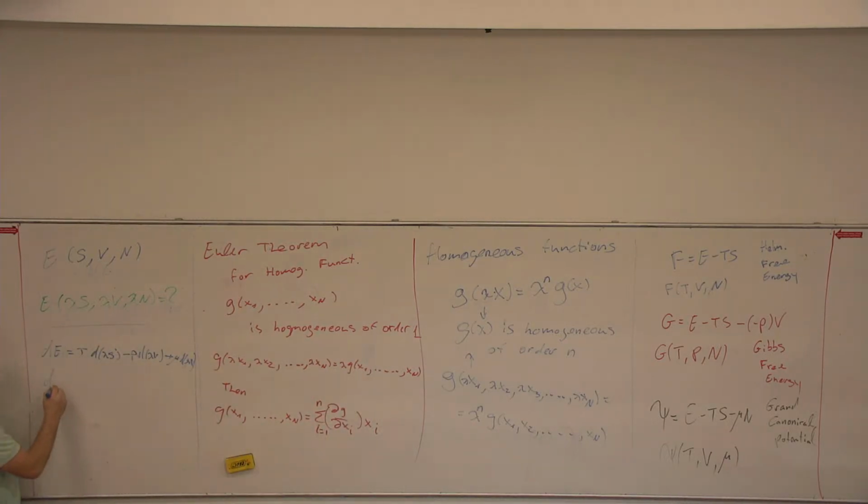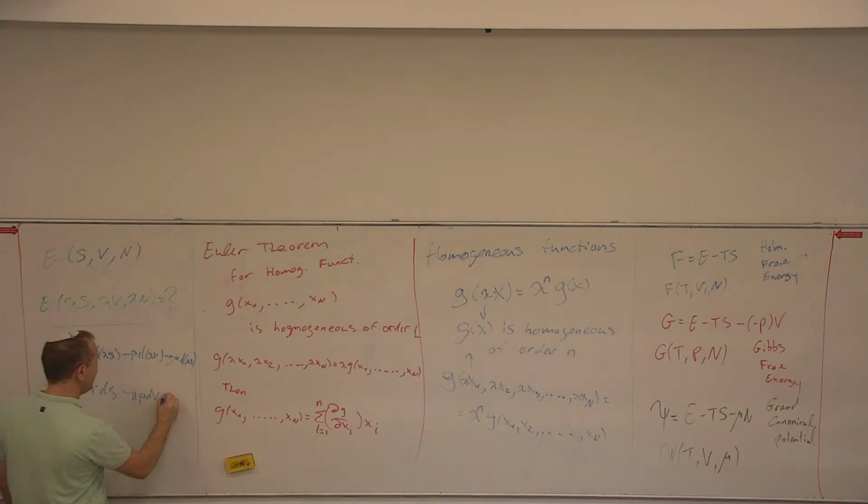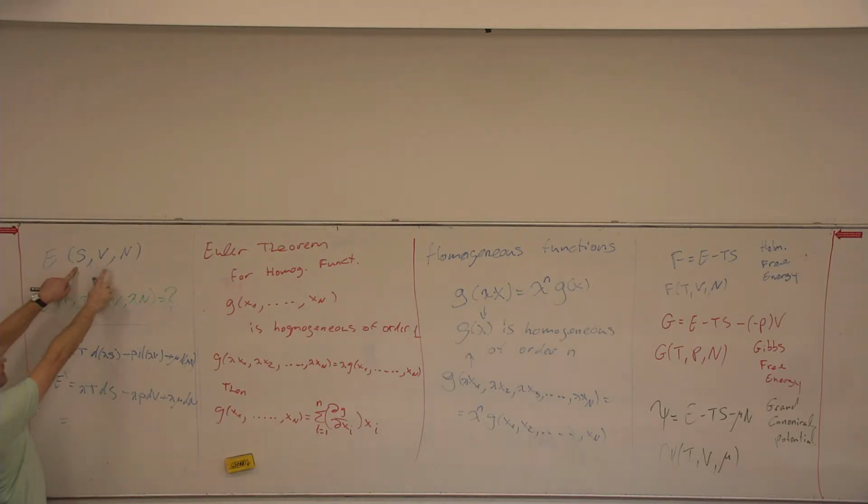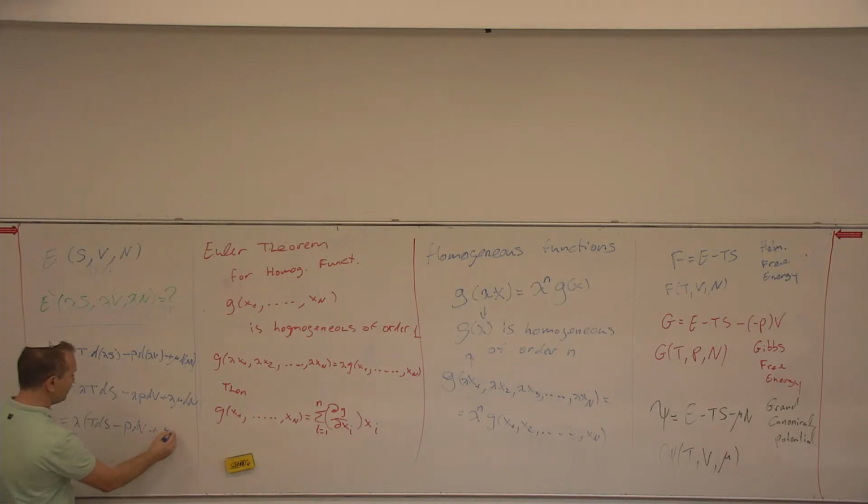So dE, when I modified everything by lambda, is lambda T dS minus lambda P dV plus lambda mu dN, and it is dE prime. E is where I haven't increased it by lambda, and E prime is where I increased it by lambda. So I just take lambda out, and I have here T dS minus P dV plus mu dN.